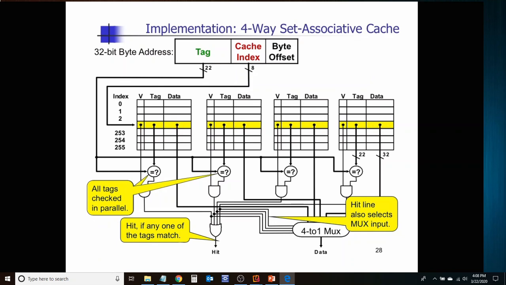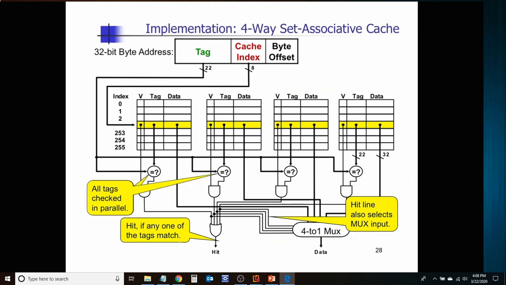And in order to find out which one you are going to be accessing, we are going to look at the tag for that particular entry. So we are going to again see if it is a hit or not by first checking all the tags in parallel.